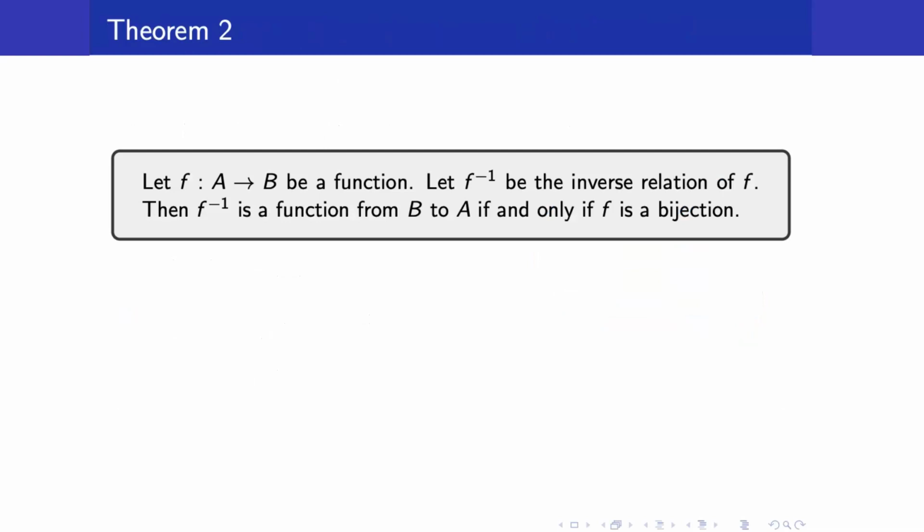So this is our big theorem. If f is a function, then the inverse relation will be a function if and only if f is a bijection. Now, we have just shown it using diagrams, but of course, we have to give a formal proof.